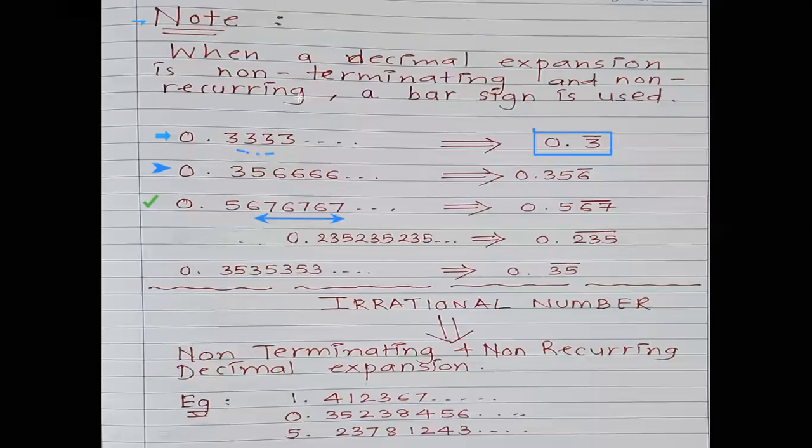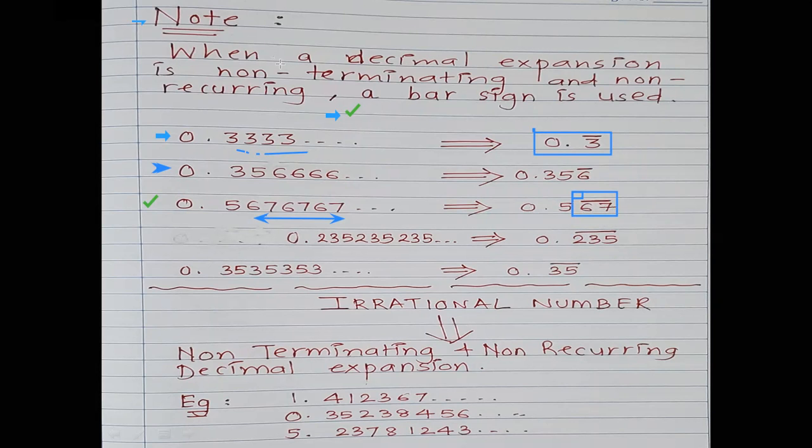Hence, you can observe that the bar is actually on 6 and 7. So 0.5, then 6, 7, and the bar is on 6 and 7, which indicates that the number is actually 0.5, 6, 7, 6, 7, 6, 7, 6, 7, and continues.